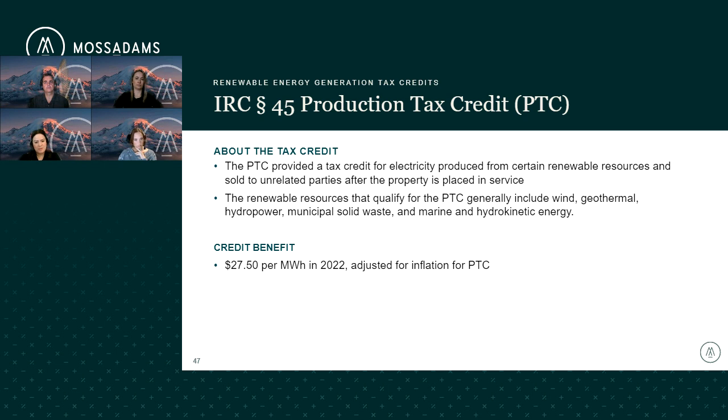If you happen to meet the bonus credits for being in an energy community or meeting domestic content, you could potentially increase your credit to about $33 per megawatt hour.